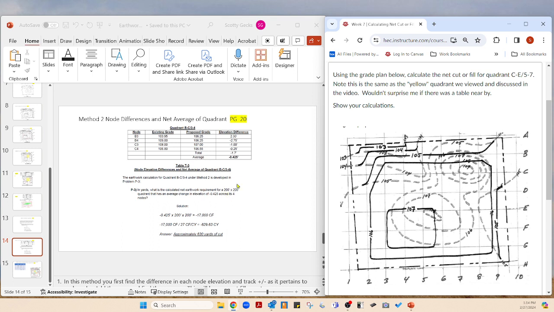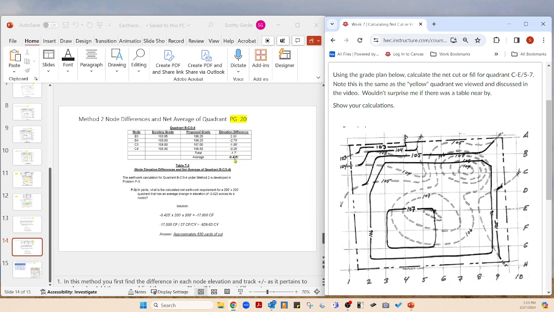So when you take the area, let's go back over here to the problem. If this is 200 feet, I think one of our students went ahead and used 400 feet. I don't care. That's not what counts here. He knew that he had to find the area of this quadrant and multiply it by this average change in elevation, which was arrived at by taking the differences in each node between existing and proposed grade, adding them up, and dividing by the number of nodes.